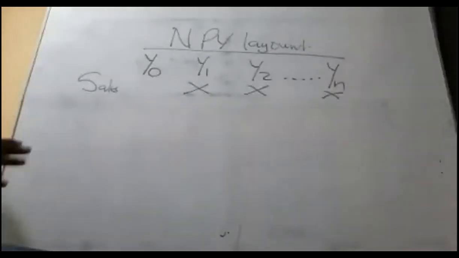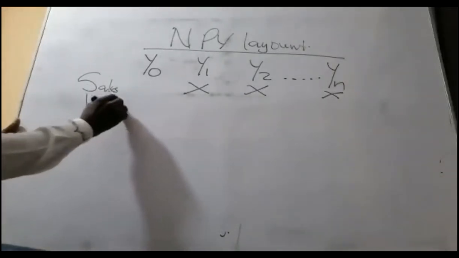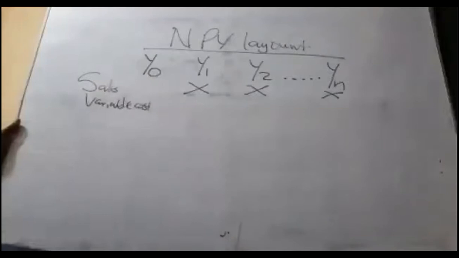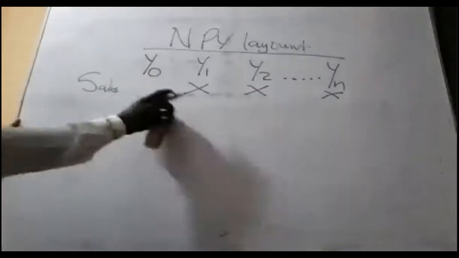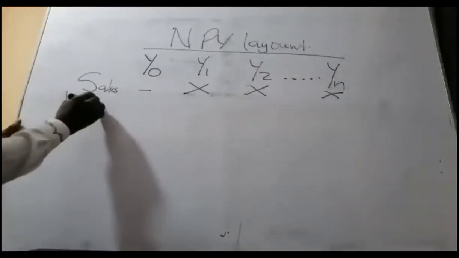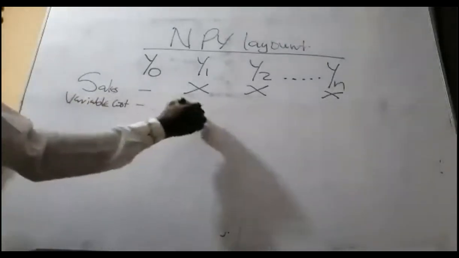This shouldn't be a big deal for management accounting students. Why? Because you've done marginal costing and absorption costing, so the calculation of cost and profit statements. Basically, it's the variable cost. You know your variable cost, right? The variable cost for year 0 will be dash. Nothing goes to year 0. Put it in brackets.